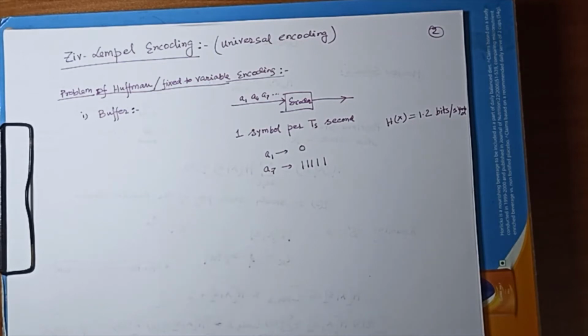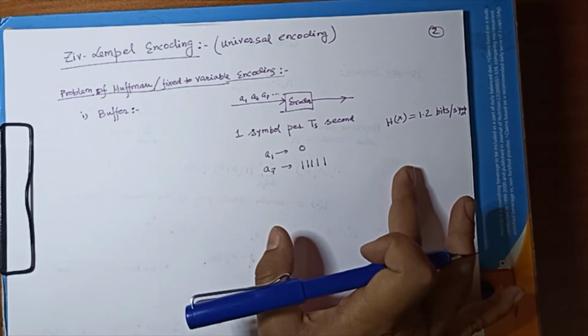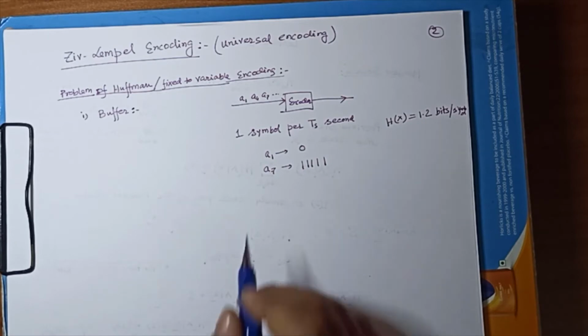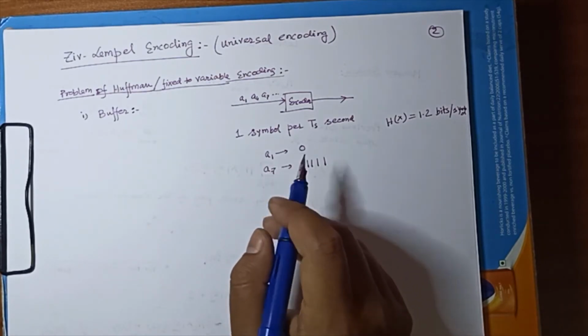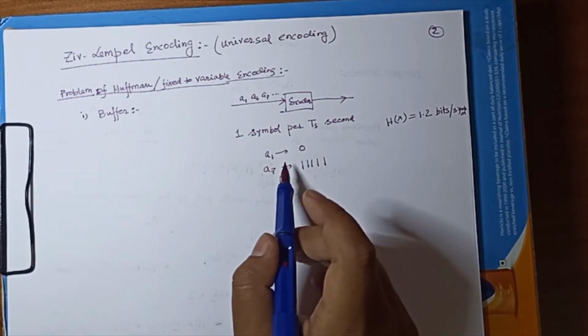So the lower the probability is, the bigger the code length is. So the size of the buffer required at the encoder is really big. But is that entire buffer used all the time? Not really. It will be used only when that very low probability event happens. All the other time the buffer remains unused.